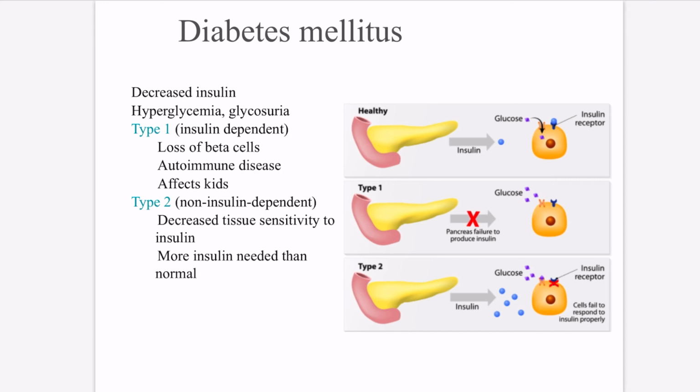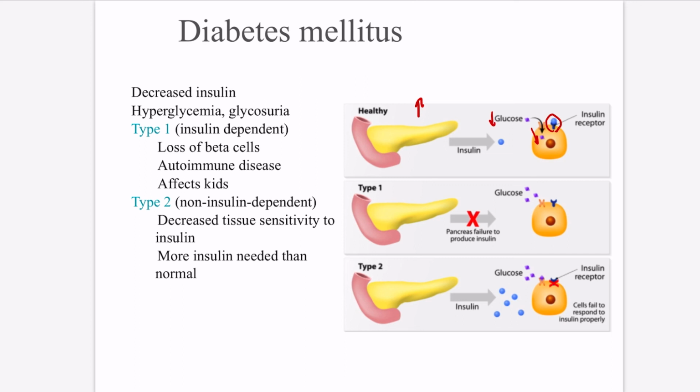Type 1, and so as we discussed before, here is a healthy pancreas releasing insulin from the beta cells, and that insulin receptor allows for uptake of glucose. So high glucose now is reduced to decreased glucose.